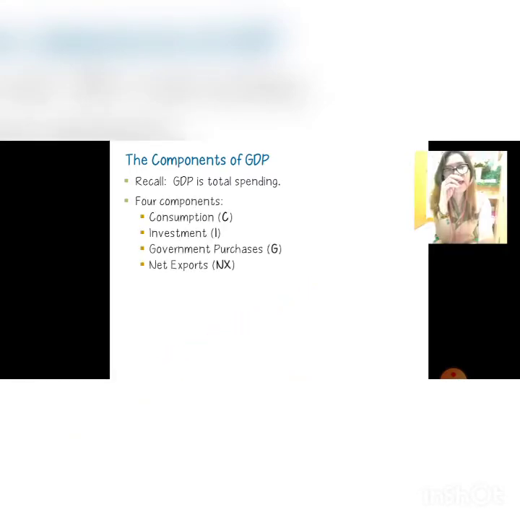Okay, what are the components of GDP? As a recap, GDP is total spending. There are four components of GDP: the consumption, investment, government purchases, and the net exports.